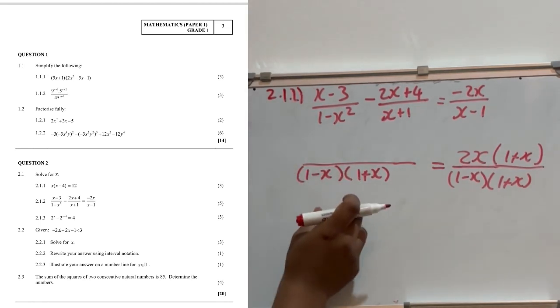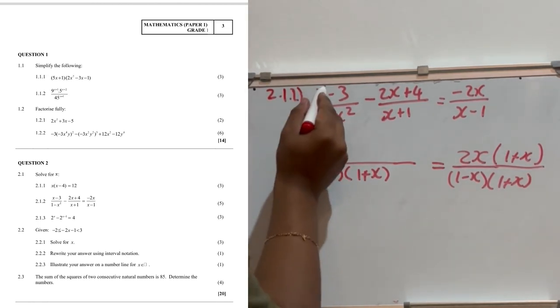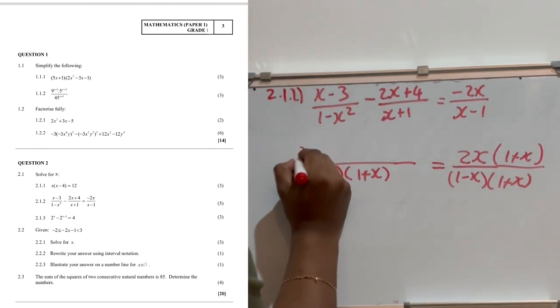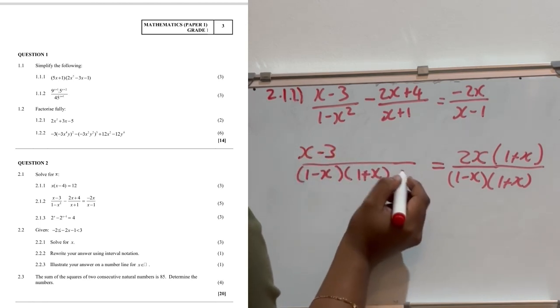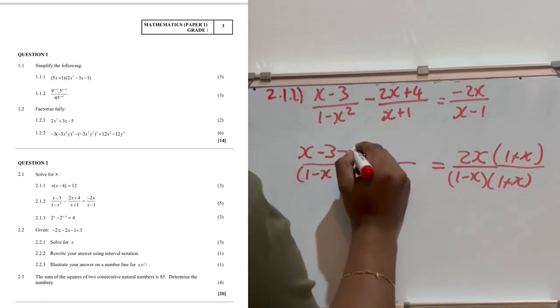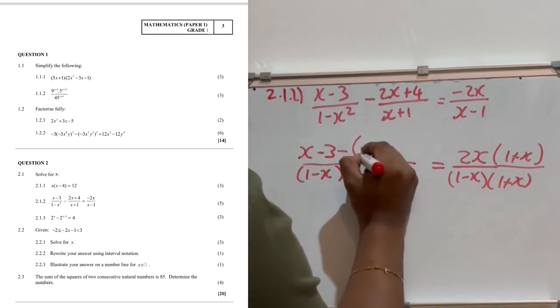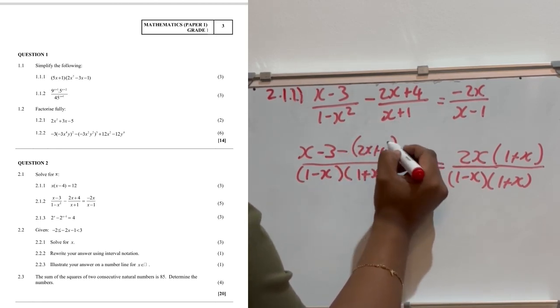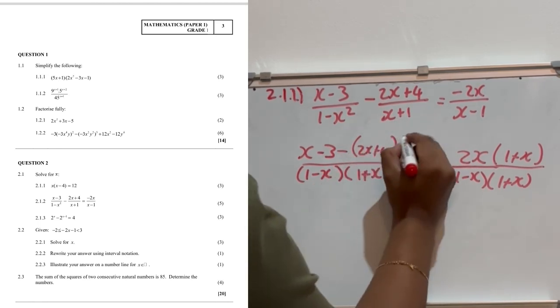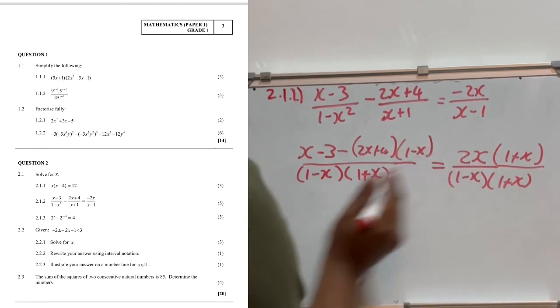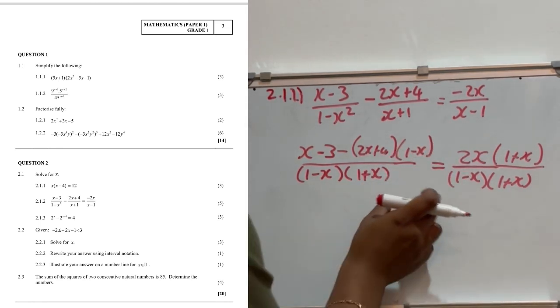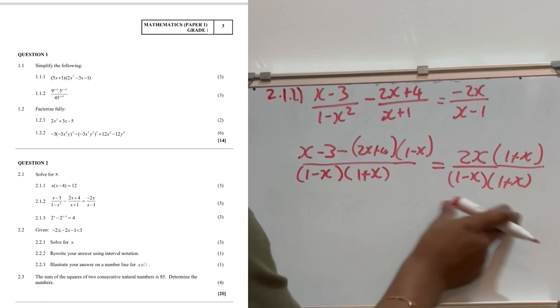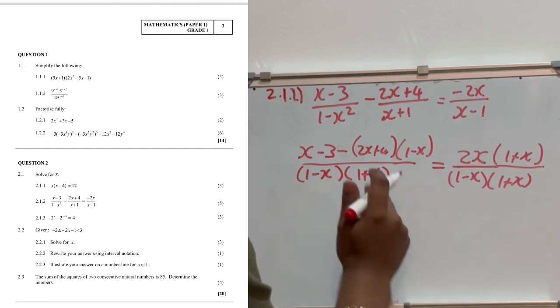Okay? Here we have nothing changed from this one, so that's x minus 3. But in here we have minus 2x plus 4. What changed is x plus 1, which is just times by 1 minus x. So when you have it like this, the bottom layers can multiply out, so it's just going to cancel out.